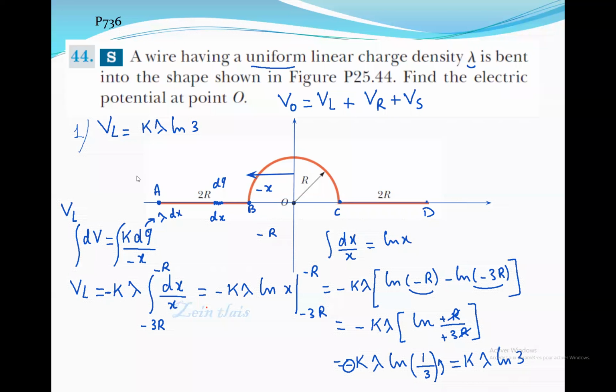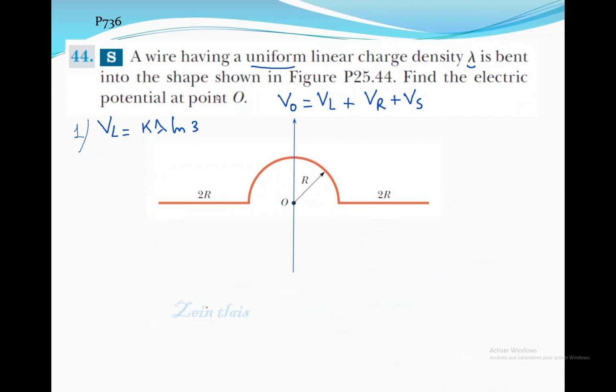Let's now calculate V right. For V right, we also have the x-axis and y-axis, the same one, and we take a small part of the road along dx, which is located at the position x from the origin.